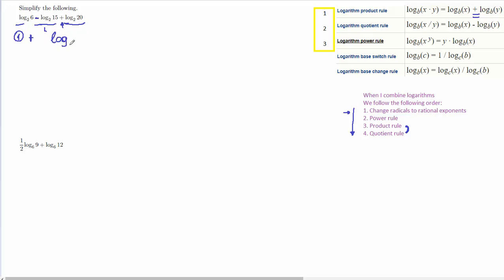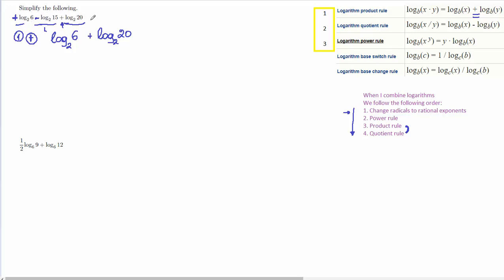The logarithm of 6 plus the logarithm of 20, both with base 2. You add those two logarithms first and you apply the product rule. You leave all the negative signs for the end, no matter where they appear in the order of the logarithms in your algebraic expression.